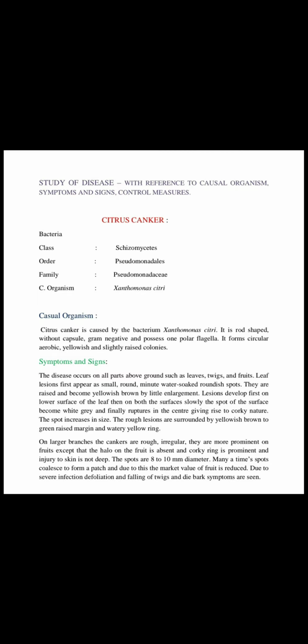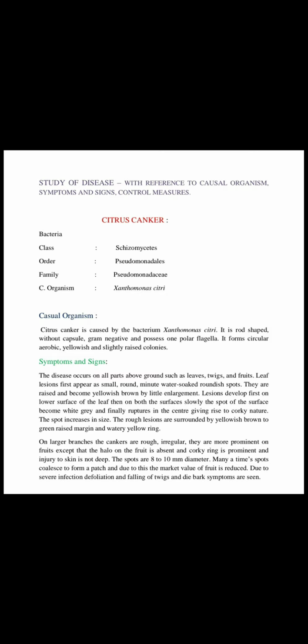The disease spreads over all plant parts above the ground, that is leaves, twigs or fruit, and the lesions form on both leaf surfaces. At first the lesions are small, round, minute water soaked spots, and then these lesions become raised, yellowish brown and slightly enlarged.